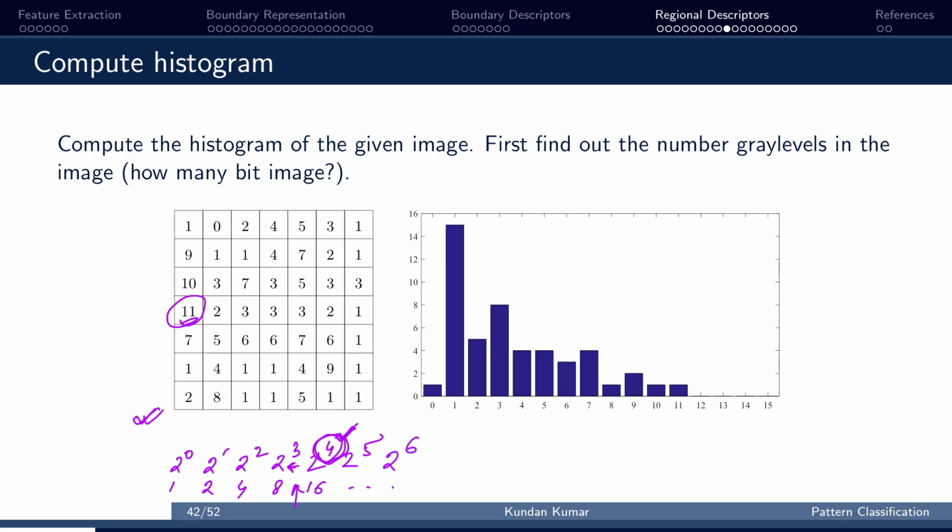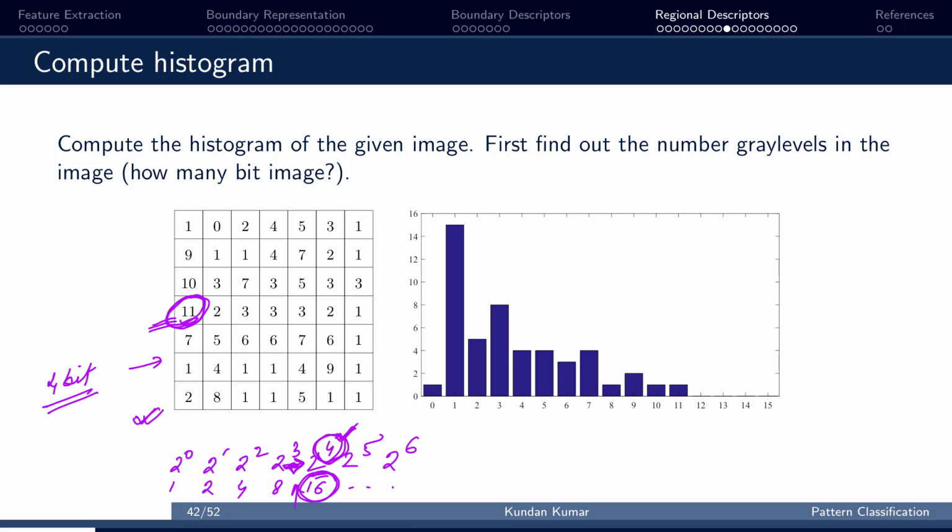What we do is, first we find the maximum intensity value present in the image, and then we find the next power of 2 that can accommodate this intensity value. So we can say that this image is a 4-bit image.